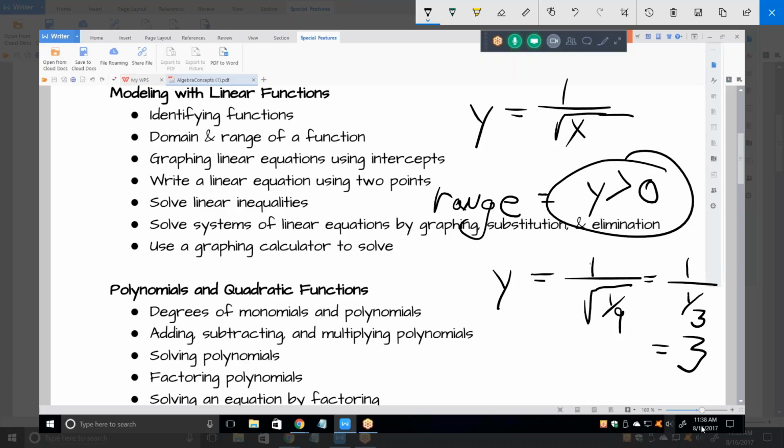And by that same logic, I could make y anything that's a positive number, including infinity. If I let x get small enough, and then I divide 1 by the square root of that tiny number, then y is going to get extremely large. So y can be any positive number. It just can't be negative numbers. It can't be 0.